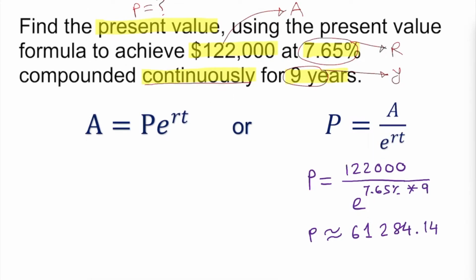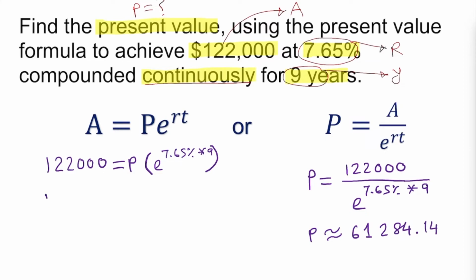Now we can also work on this on the left side. The amount, which in this case is 122,000, equals the present value we are looking for, P, times e, and r is 7.65% times 9 and close parentheses.